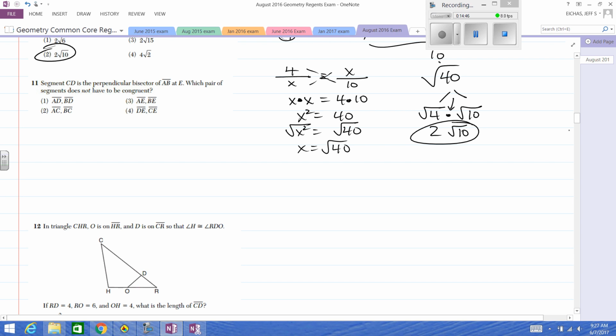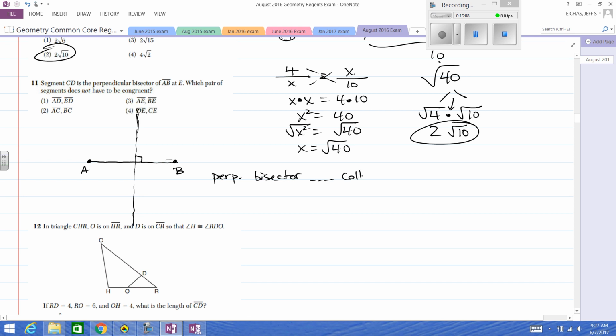CD is, so let's start with point, right, AB. Now, perpendicular bisector is all the points that are the same distance from points A and B. It's the definition of it. So we got to know that definition.